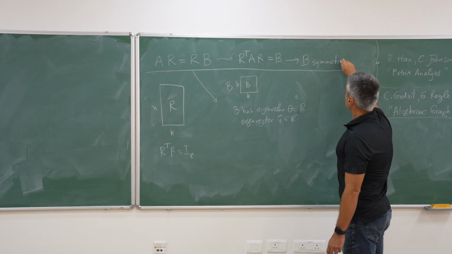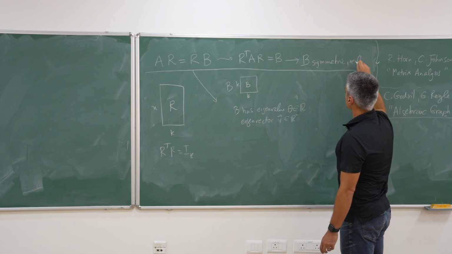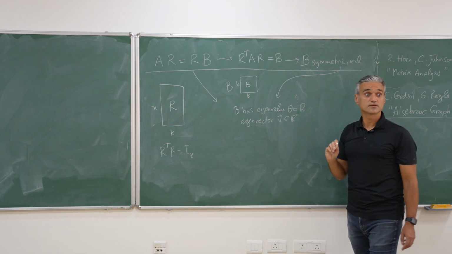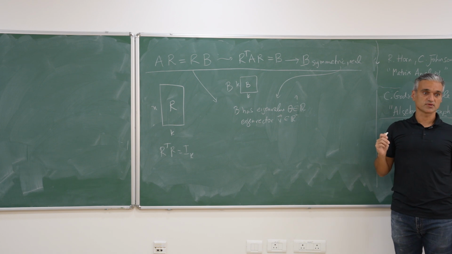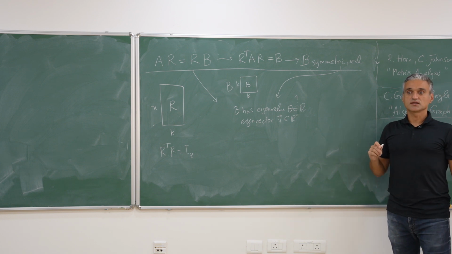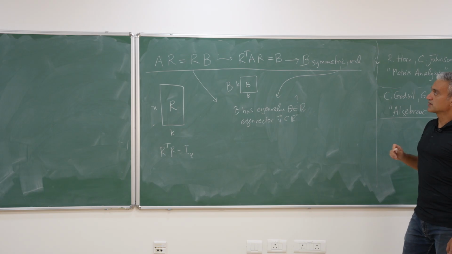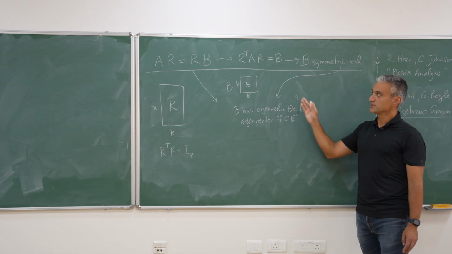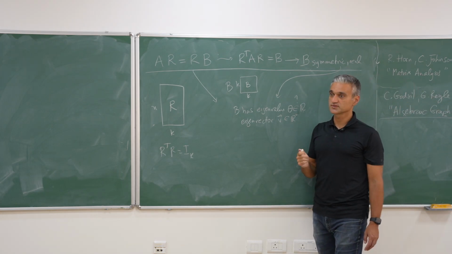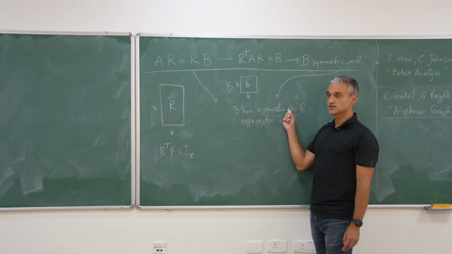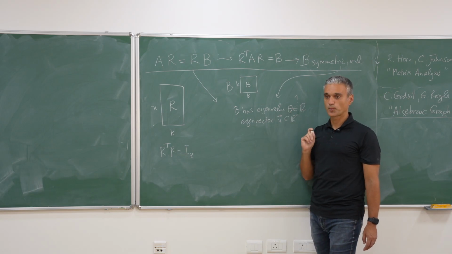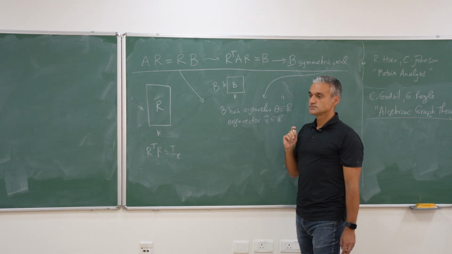So because B is symmetric and real, you're going to get real eigenvalues and eigenvectors. That's a very good point, I'm sorry for not mentioning it earlier. B is a symmetric matrix, so that guarantees a real eigenvalue and real eigenvector. Is the matrix A symmetric?